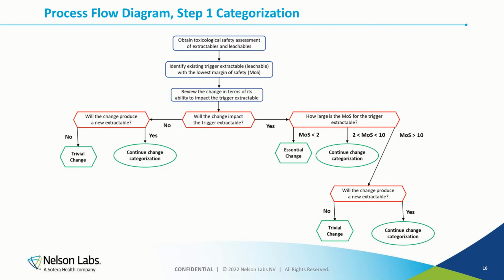And the first thing you ask is, will the change even impact this trigger extractable? If the change won't even impact the least safe leachable, then you can probably categorize the change as trivial. More likely than not, you can categorize the change as trivial.